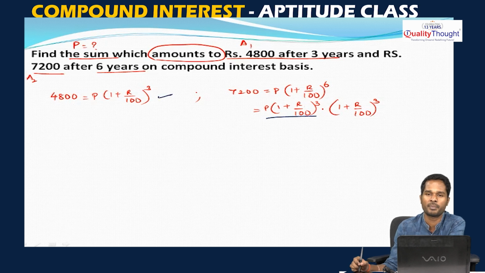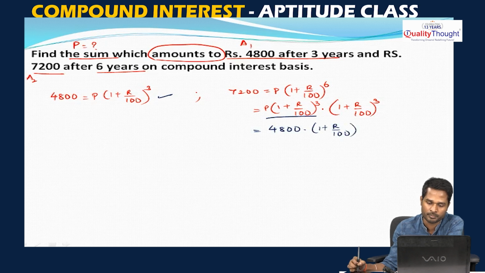I will substitute it here, so this is 4,800 into (1 plus R by 100) whole cube. So here we have 7,200 equals 4,800, in the place of P into (1 plus R by 100) whole cube, into (1 plus R by 100) whole cube.